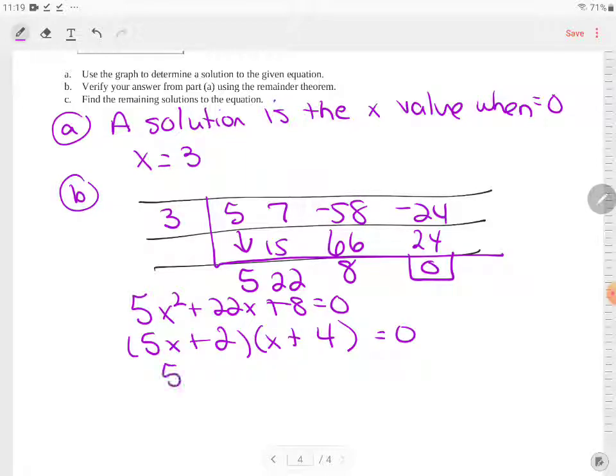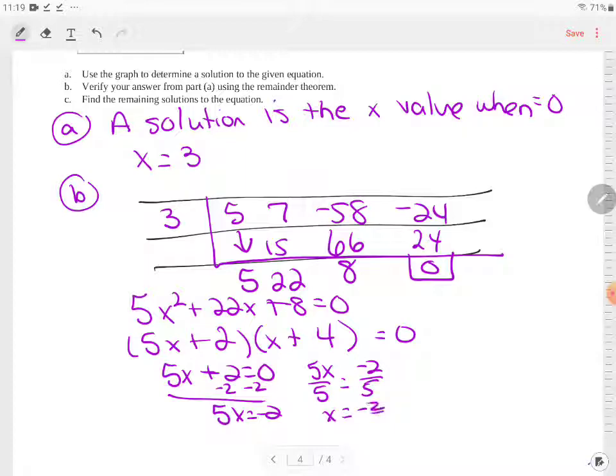So you have 5x plus 2 equals 0. Subtract 2. 5x equals negative 2. Divide by 5, each piece. So x equals negative 2/5.